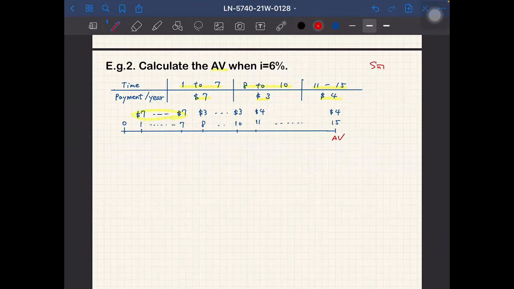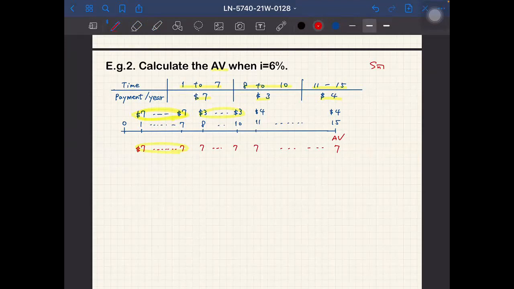So we have $7 for 15 years. Then we matched the first block. Then next one, the block payments of $3 each. So to make it 3, we have to subtract 4 from 7.